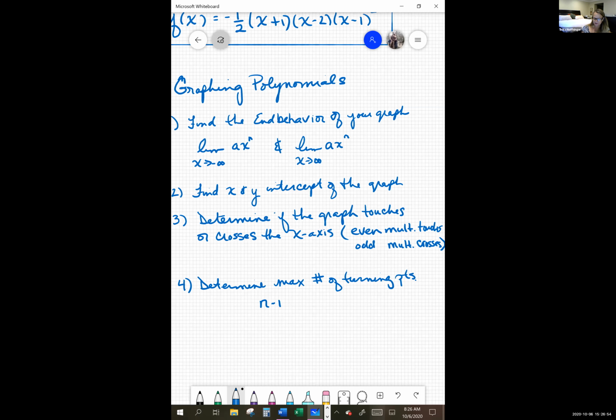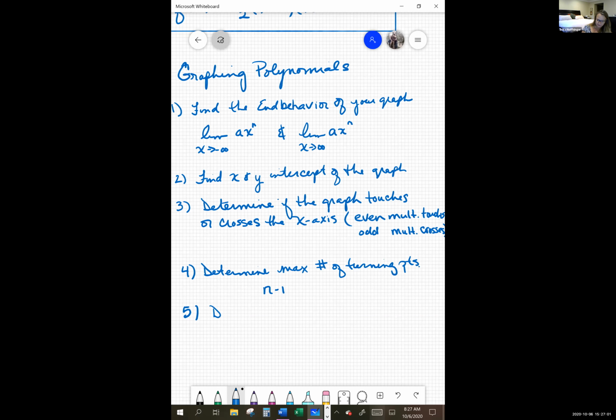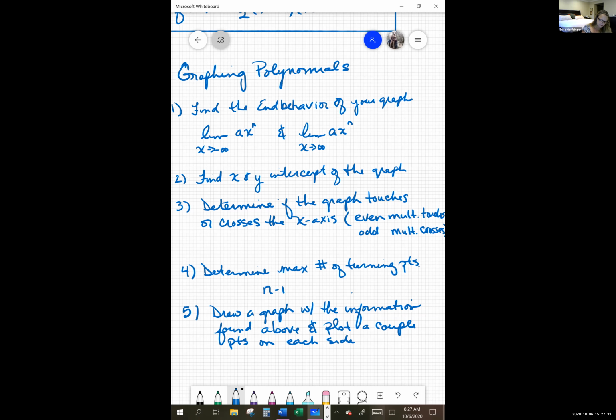So let's draw a graph with the information found above and plot a couple extra points on each side of an x-intercept.